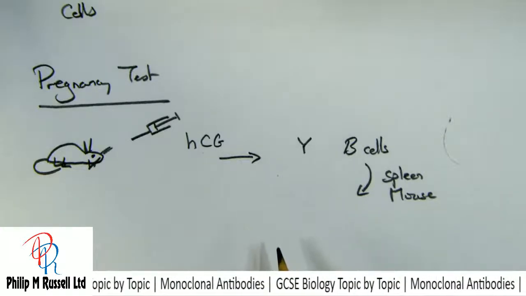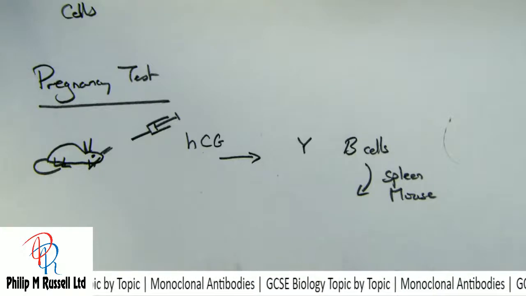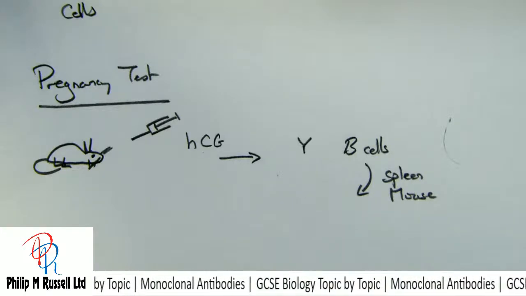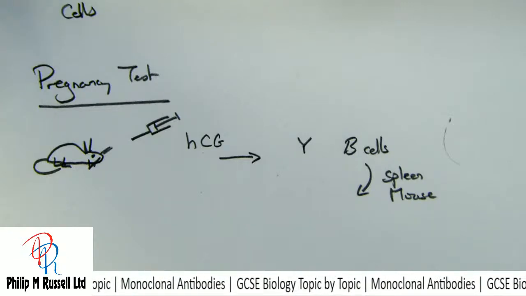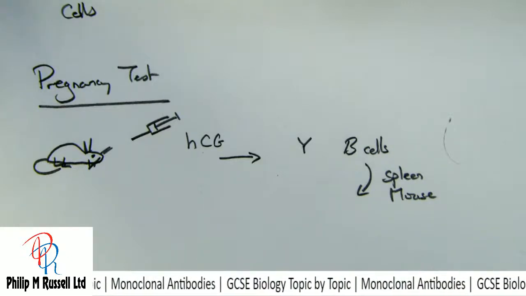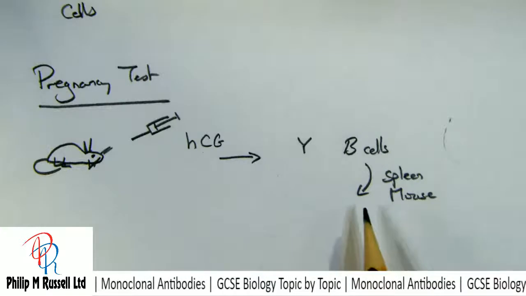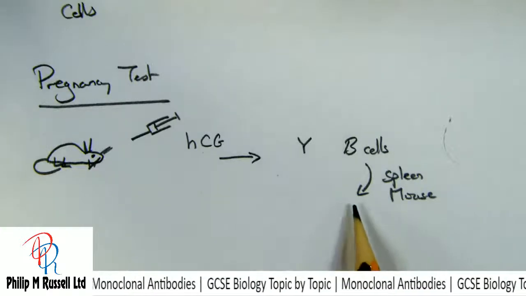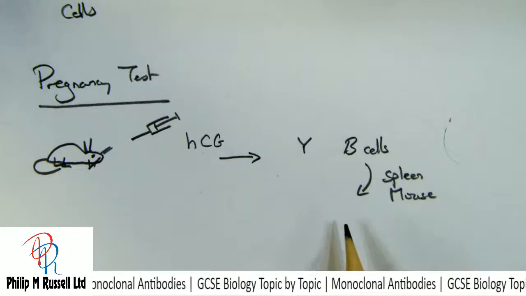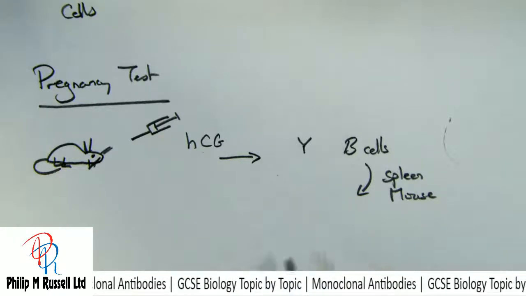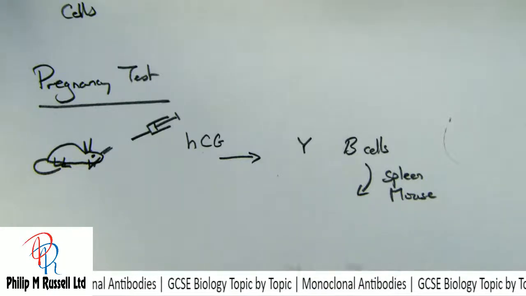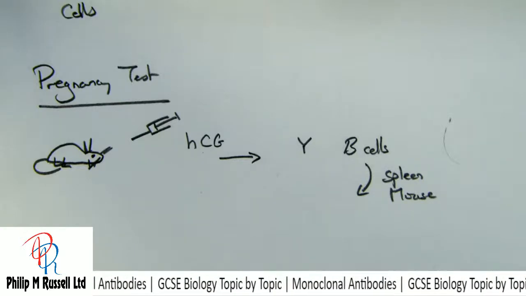Once we've got those cells, they're fused with this cancer cell, this myeloma, a type of cancer cell that divides very rapidly. Now, as things go on, nowadays we're trying to also join these to perhaps some human cells, which are making them even more of a weird hybrid.